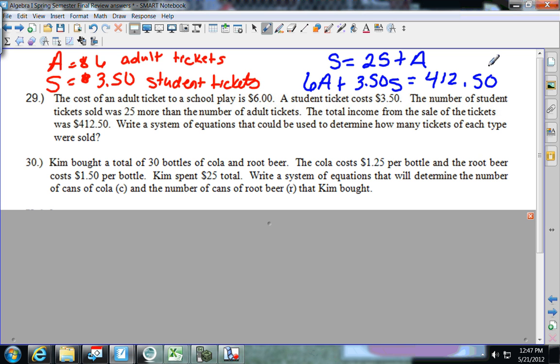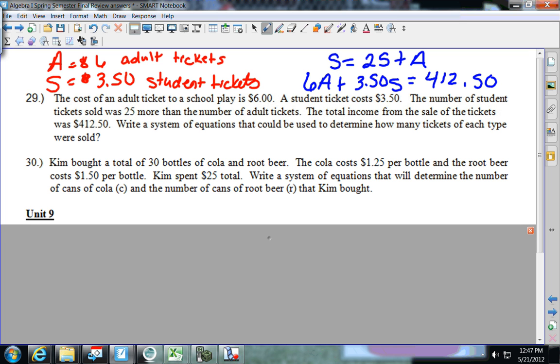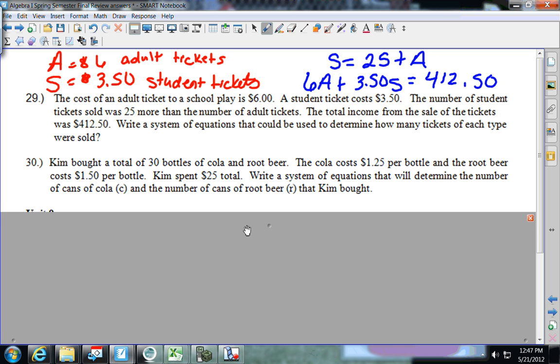On this next one, it says Kim bought a total of 30 bottles of cola and root beer. The cola costs $1.25 per bottle and the root beer $1.50. Kim spent $25. Write a system of equations that would determine the number of cans of cola, C, and the number of cans of root beer, R, that Kim bought. Well, first off, she's bought a total of 30 bottles.